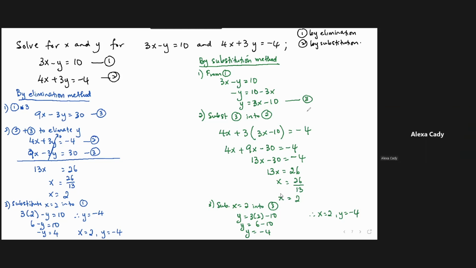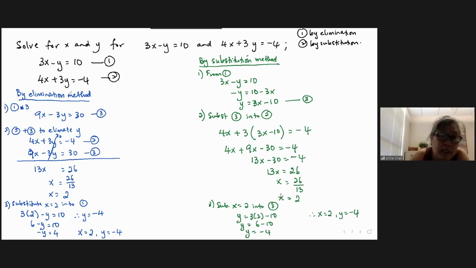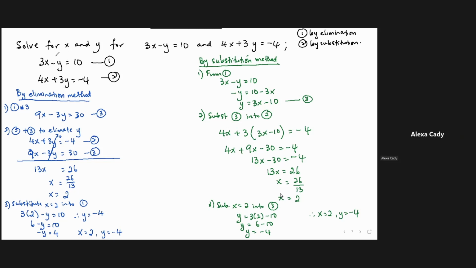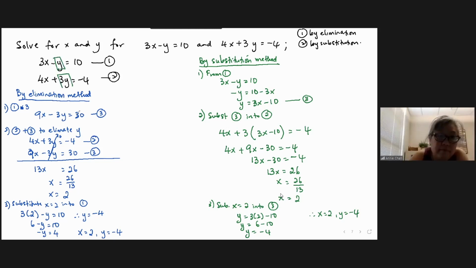For the elimination method for number 1, why did you multiply the first one by 3? Because if I want to eliminate y, I need to make the coefficients the same. You see that? I have my coefficients the same.